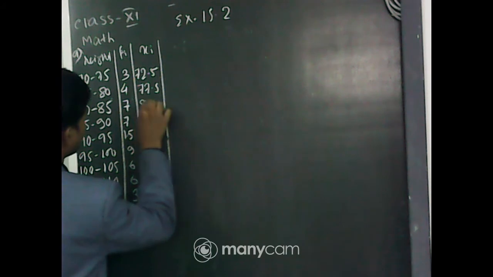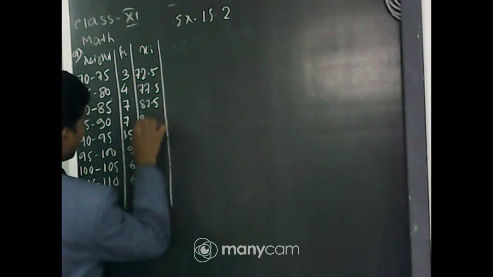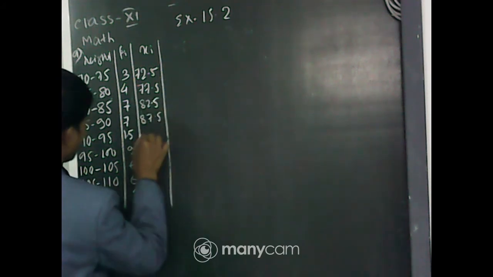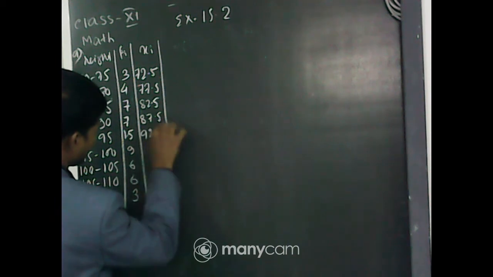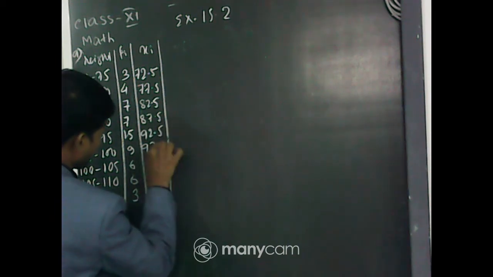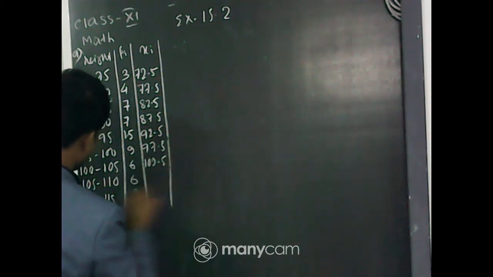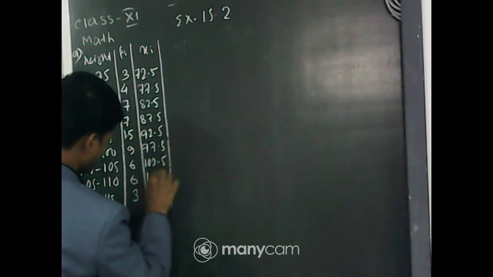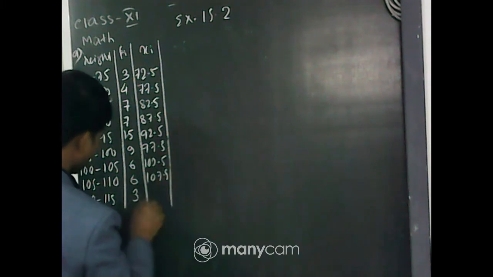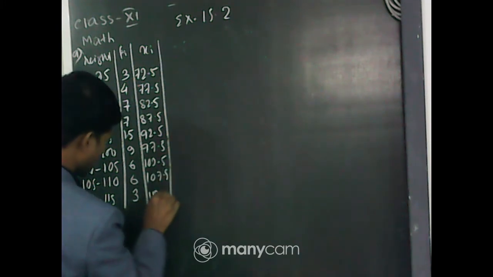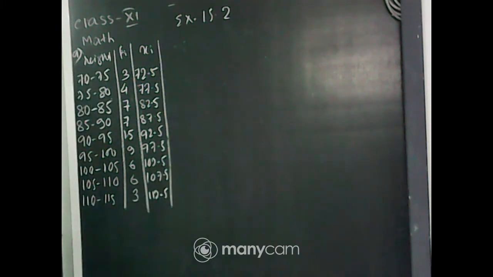Next is 82.5, 87.5, this is 92.5, 97.5, this is 102.5, this is 107.5 and this is 112.5. The class marks are now known.